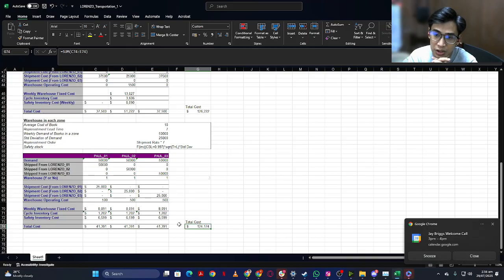Reflections and applications: this activity showed me that strategically placed warehouses can dramatically lower cost by reducing shipping distances, improving inventory turnover, and minimizing safety stock requirements. This principle is very applicable in real world supply chains.